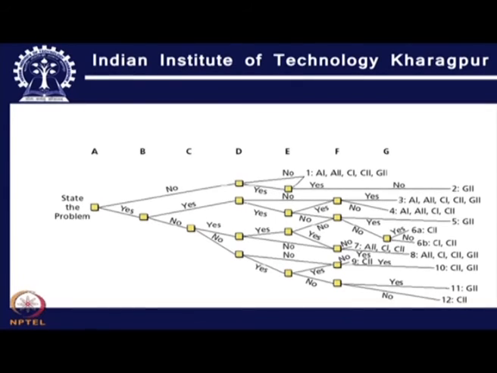You state the problem, then if you decide yes for a particular node, you go on branching towards yes or no, and at the end you reach particular decisions: if something is no, then what is to be done, if something is yes, then what is to be done.